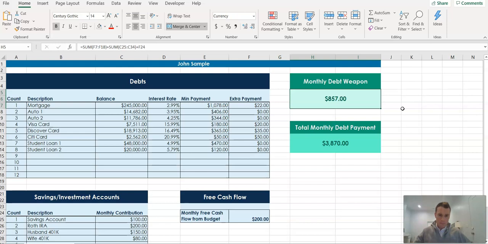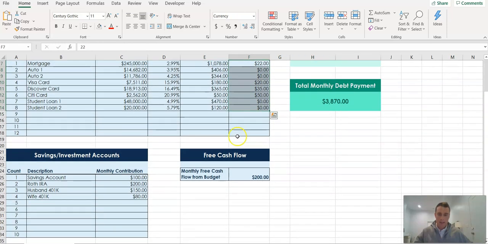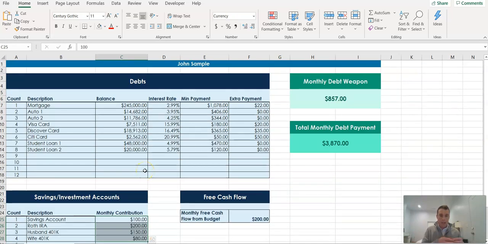Once you implement that strategy, instead of making these extra payments, and instead of making these investments towards these accounts, you are going to take that money and apply it towards your debt paydown. We'll get into that in the other videos as we talk about how to implement the methodology.